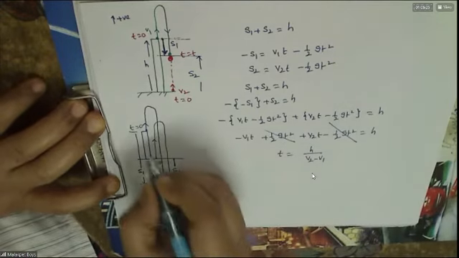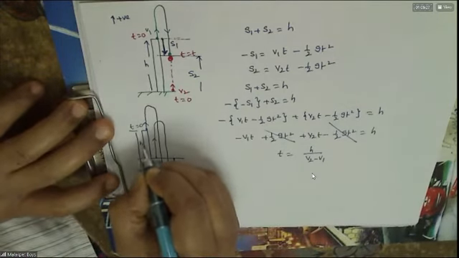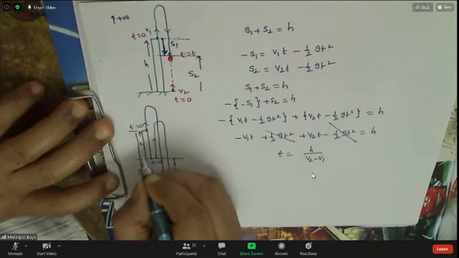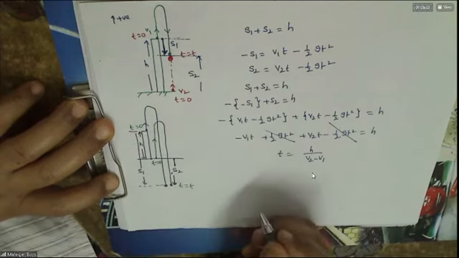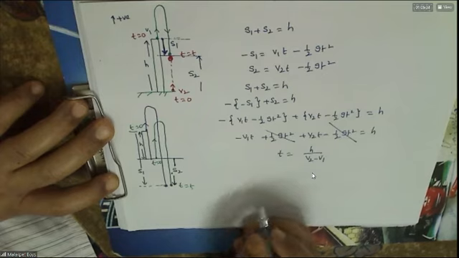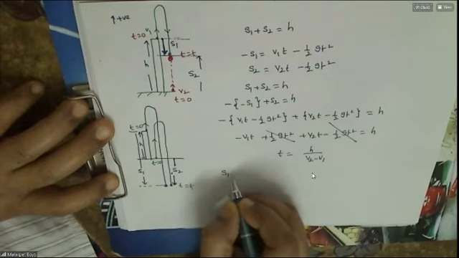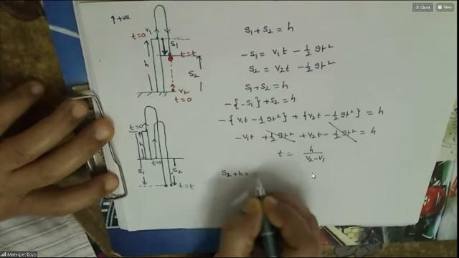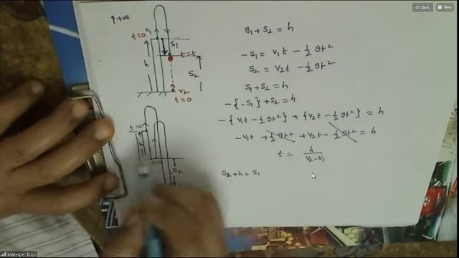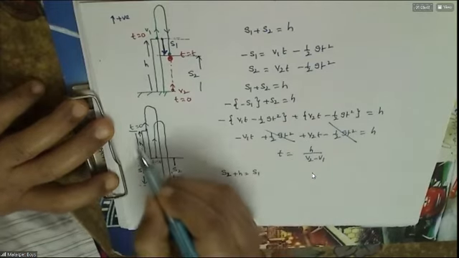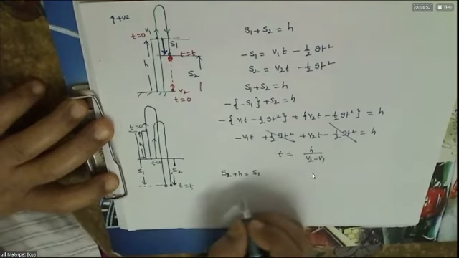So now this is H. Clear? Now you can see S1 minus S2 equal to H. S2 plus H is S1. If you look at this diagram, this is S2, this is H, this is S1. Do you agree with this or not? Agreed, sir.